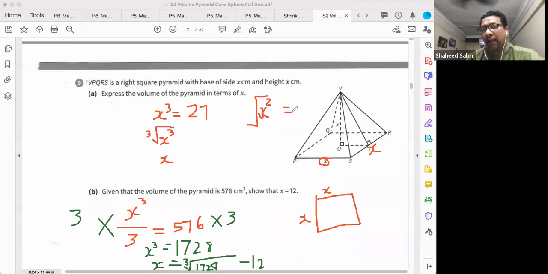Then it becomes x. You don't believe? I'll show you. Inside down here, let's say is 27, right? Cube root of 27 is 3. So now I cube root 27 is 3, right? Okay, down here, I put down here.